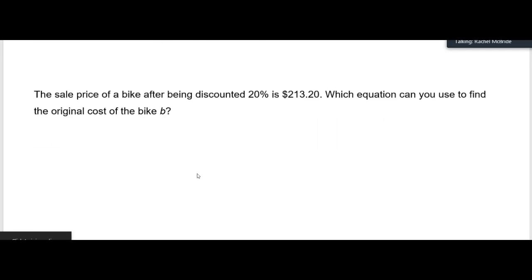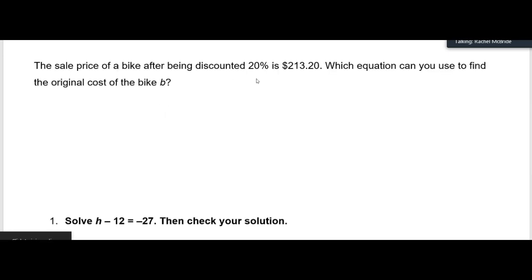All right. The sale of a bike after being discounted 20% is $213.20. Which equation can you use to find the original cost of the bike?